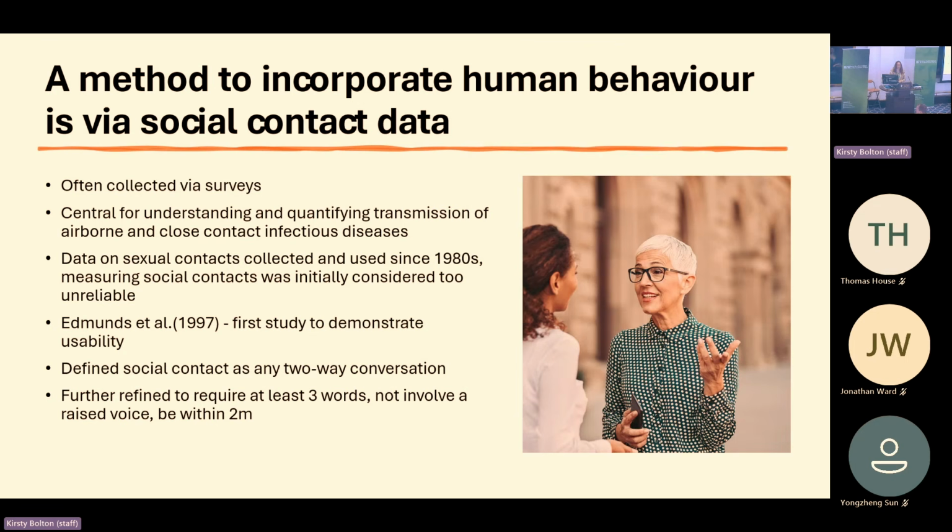Prior to this being an area of research, data on sexual contacts had been collected, but it was thought that social contacts and how they relate to transmission of respiratory viruses would be harder to quantify. But from 1997 onwards this has started to be a field that's used.